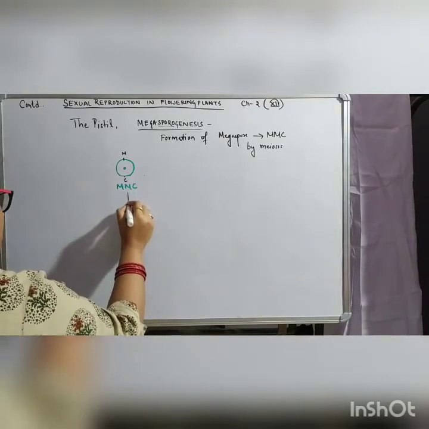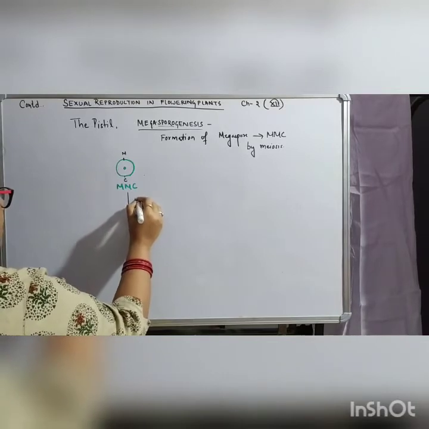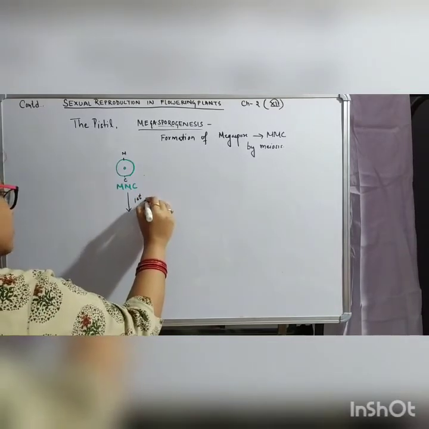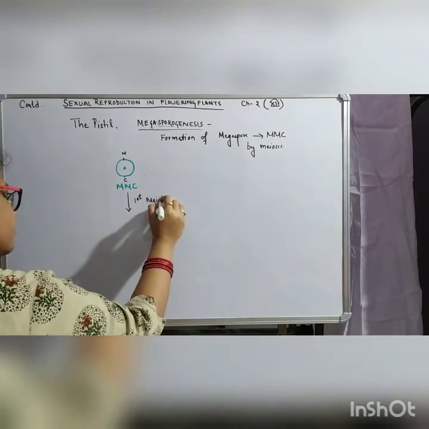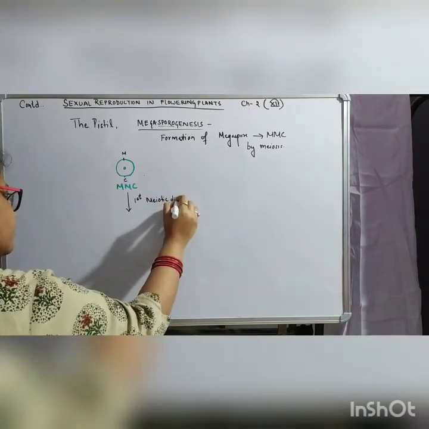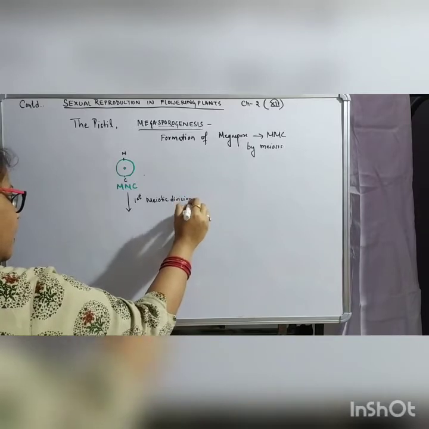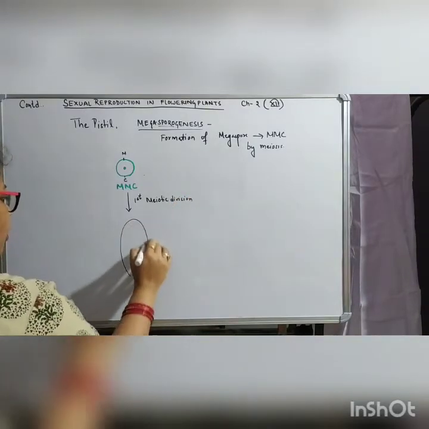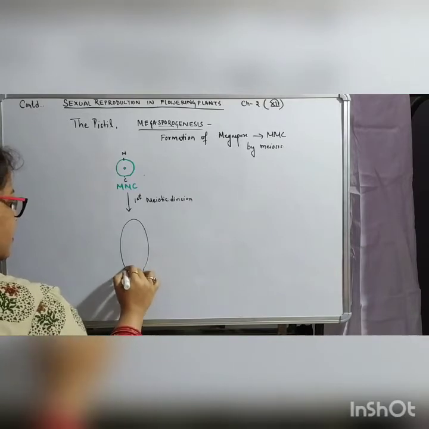First, this megaspore mother cell will undergo the first meiotic division, and it will give rise to 4 haploid cells.